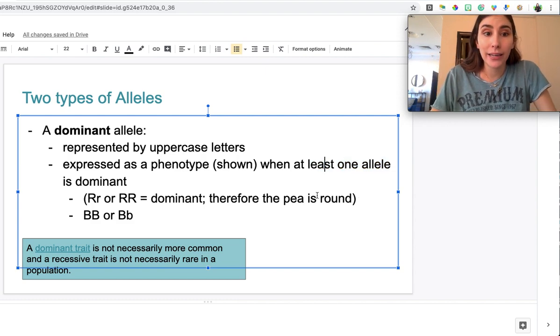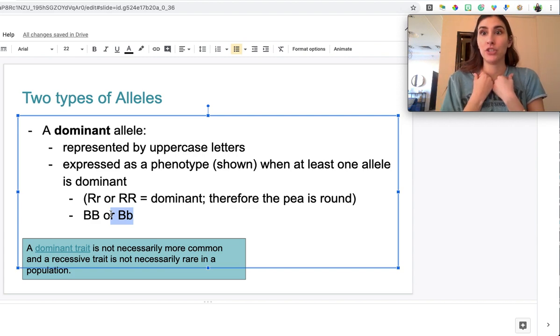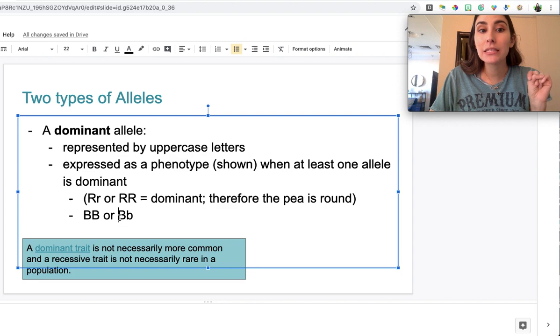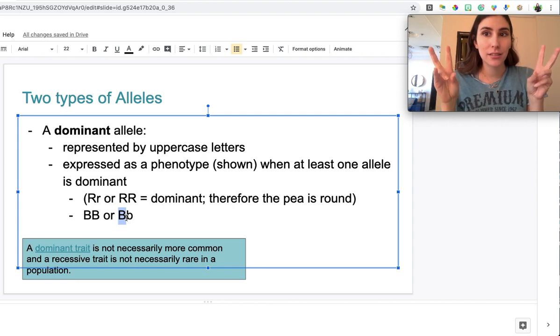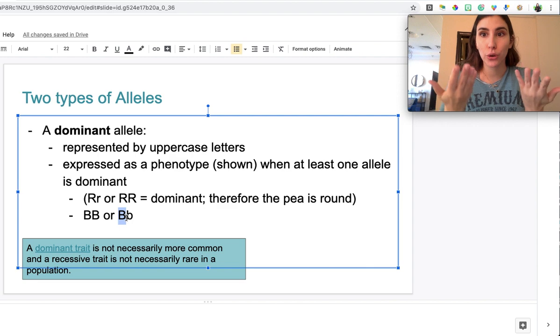Even though I might have this genotype, even though I might have my mom's green-eyed allele in my genes, in my DNA, or on my chromosomes, I'm still not going to have green eyes because that dominant brown-eyed allele exists, and it masks or hides the recessive allele from being shown.